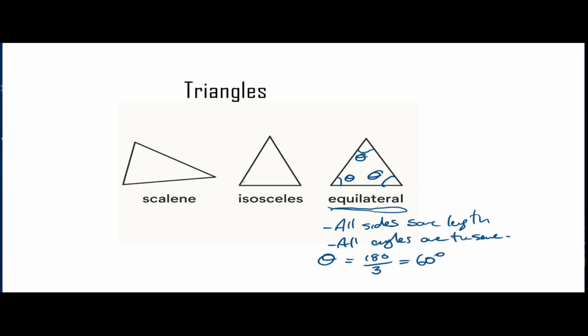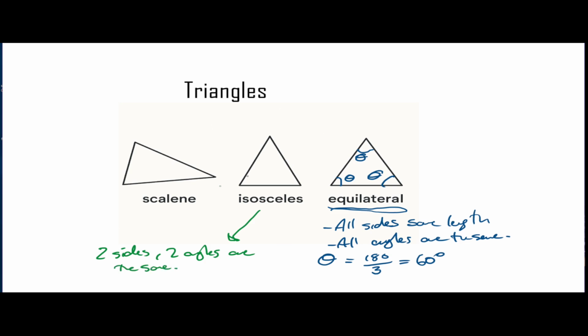So far so good. Now, isosceles triangle, 2 of the angles and 2 of the sides are the same, and I'll do that in green. So 2 of the sides and 2 of the angles are the same.